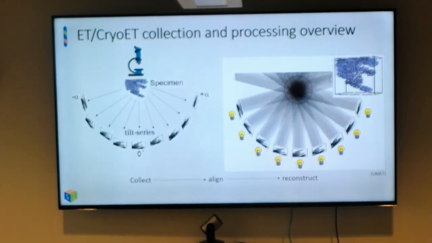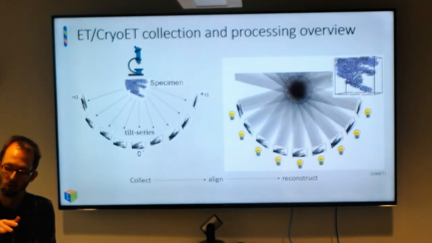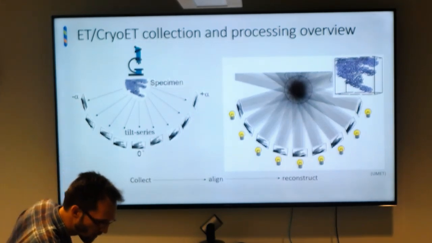And hopefully there's enough of those in your field of view, and hopefully they're not clumped together or covering everything, such that you can use the position of those gold beads in every single image to geometrically figure out how to realign these images, because you have that error from your goniometer when you're collecting your images.